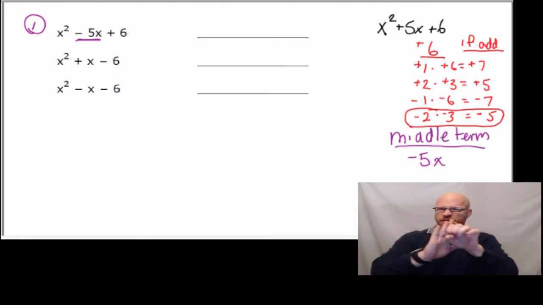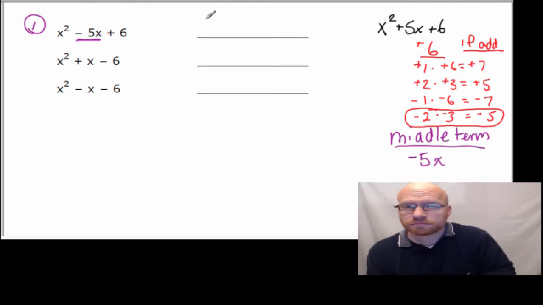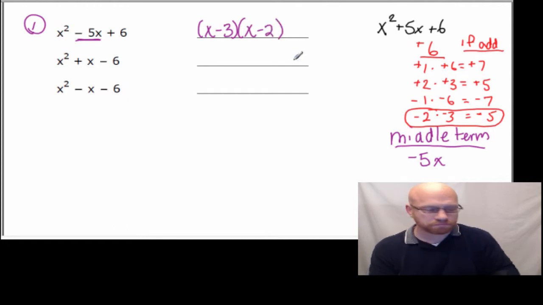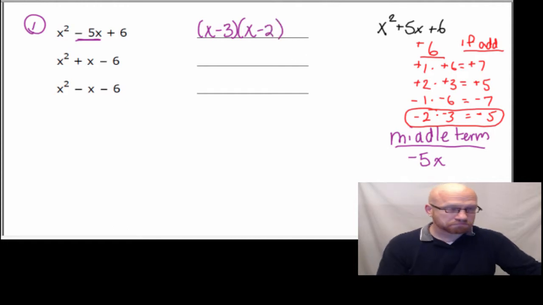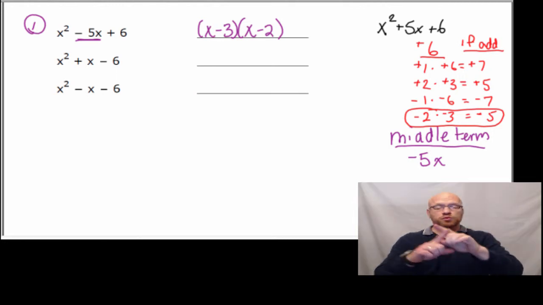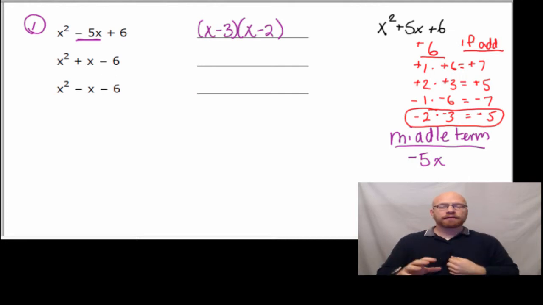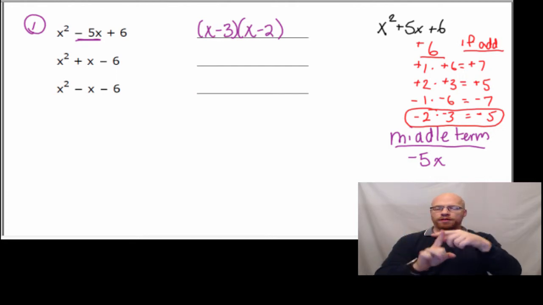So let's factor with these 2 terms. Now understand the order of these 2 terms, the quantity x minus 3 and the quantity x minus 2, does not matter. You can change them around to be x minus 2 times x minus 3.